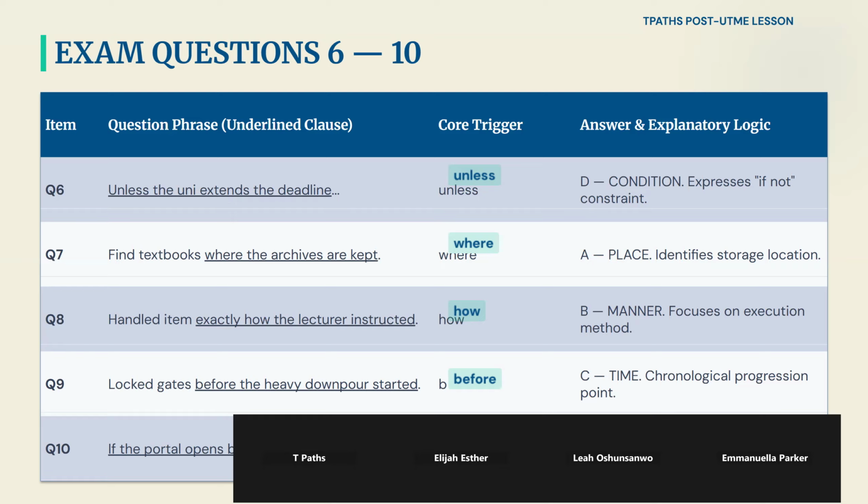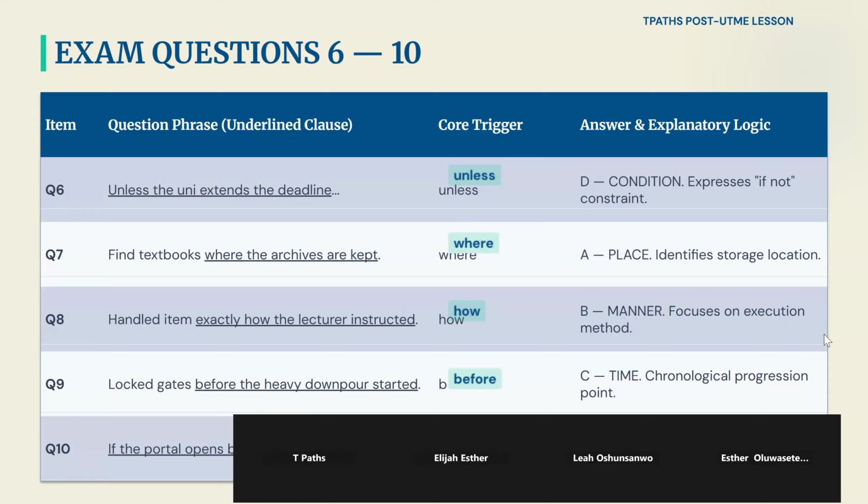If the university does not extend the deadline, something will happen. So that's condition. Seventh, find textbooks where the archives are kept. Where, that's the location. It talks about the place, identifies storage location. Where is the trigger word there. That's why I said, if possible for you, you can memorize all the trigger words.